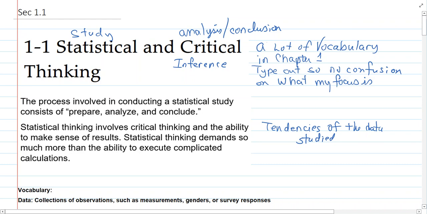Statistical thinking demands so much more than the ability to execute complicated calculations. The reason is that we always have programs that facilitate that aspect.